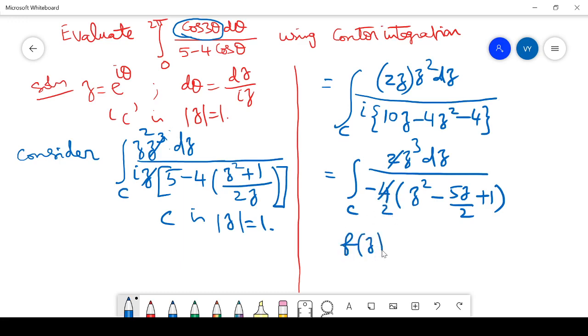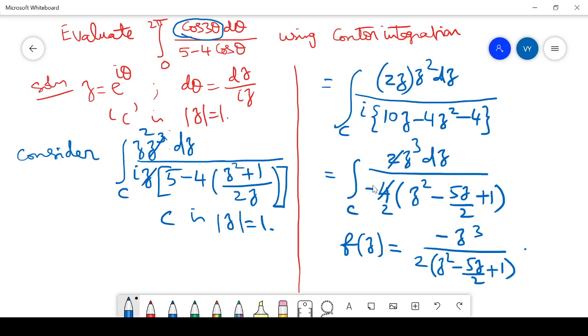So if I take f of z as minus z cube by 2 into z squared minus 5z by 2 plus 1, this will be your f of z.